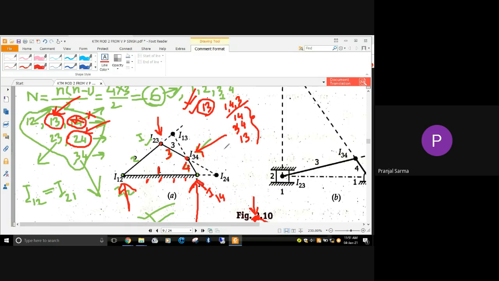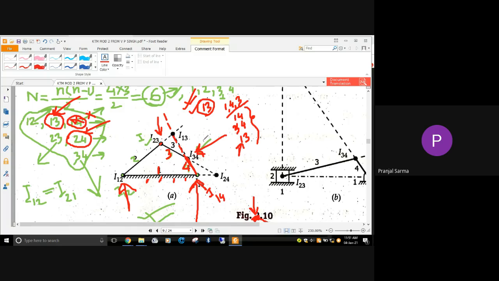Similarly we need I34, and this point is already located. That means I13 will lie on a line which joins these. Yes, that is the concept. So we are extending. You can extend both ways, no problem, but right now, as we already know, it will be here, so I am extending in this direction.